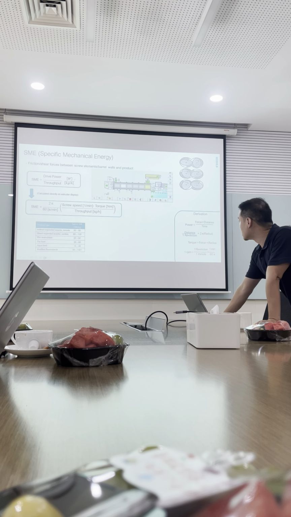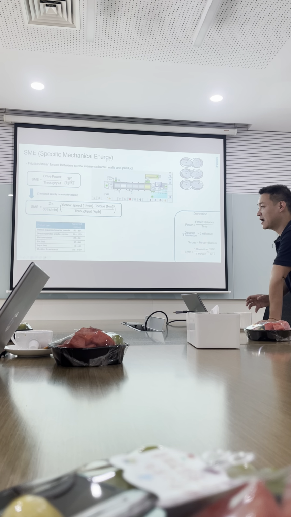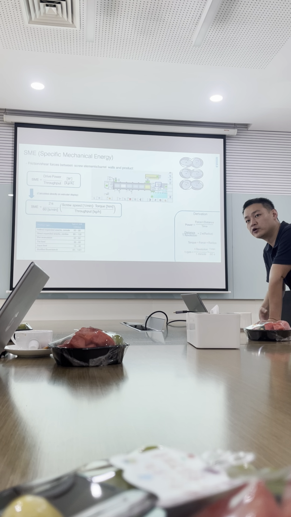And the specific mechanical energy is most of the time determined by the screw configuration, right? With a strong screw configuration, we can have a high specific mechanical energy, right?